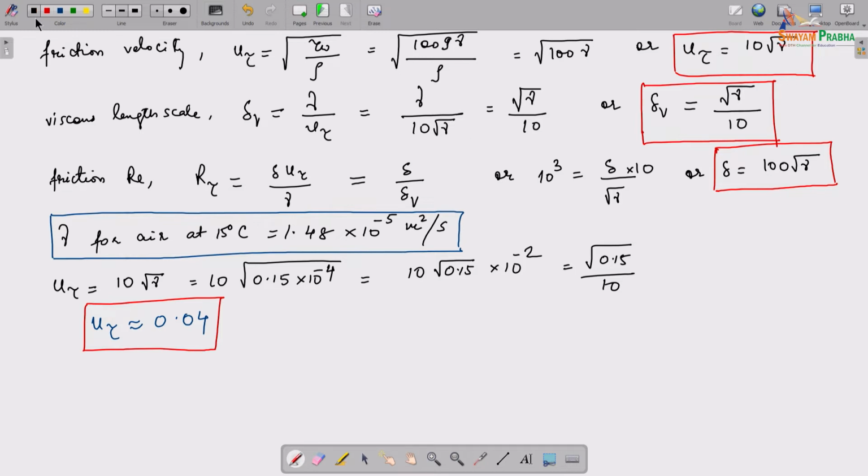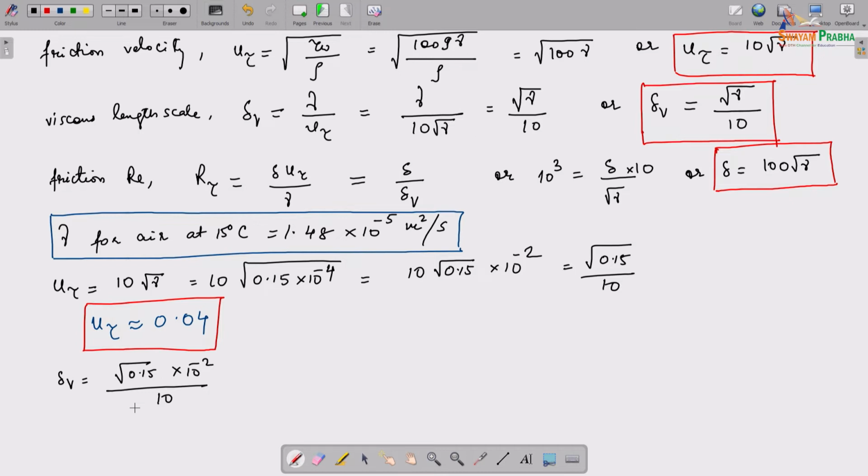Then next is the delta v. Okay, delta v is equal to, right, by 10.